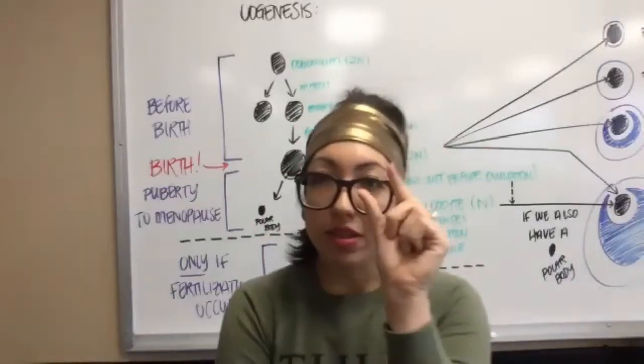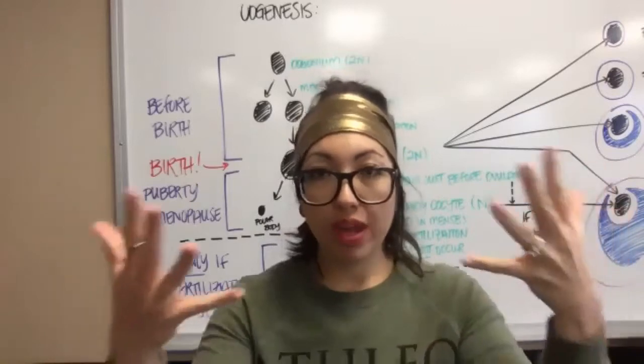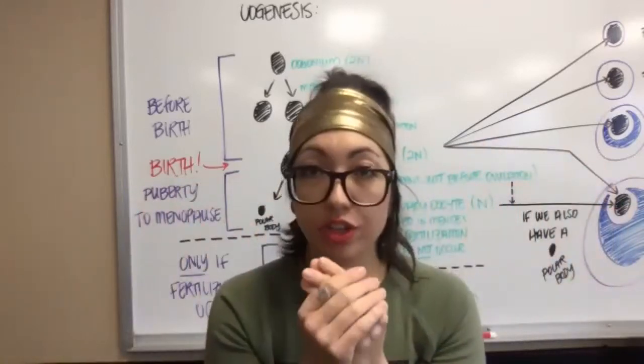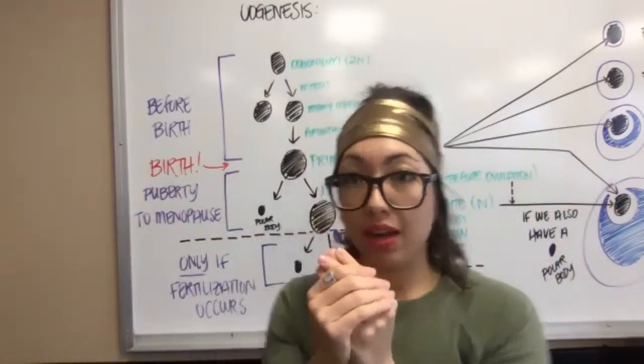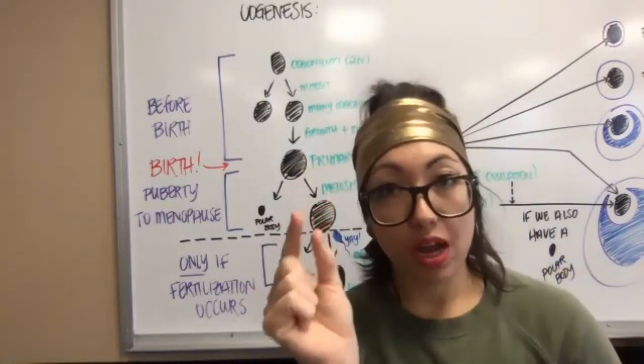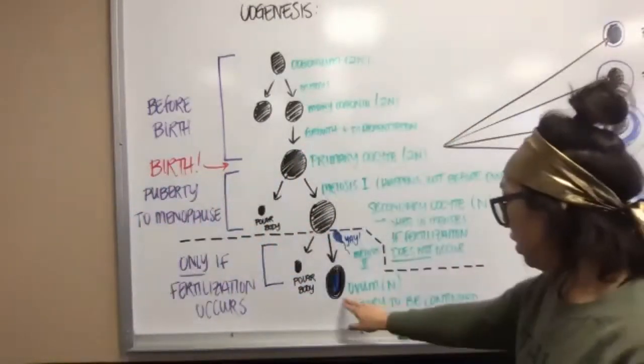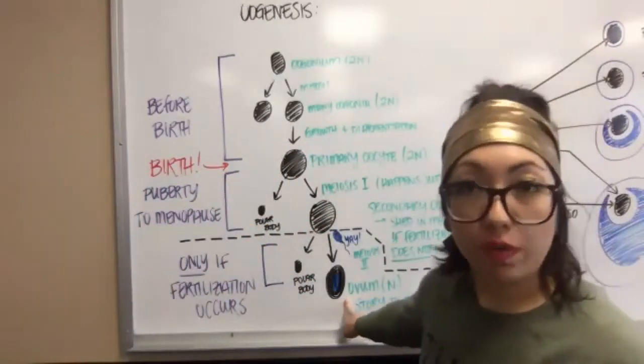Yes, but there is a smidge of a time before we have the sharing of genetic material. That little moment of time before we have the switching of DNA, we're at this ovum stage.